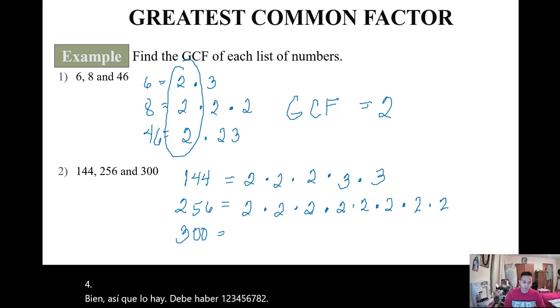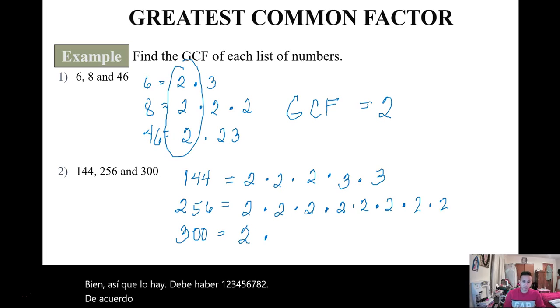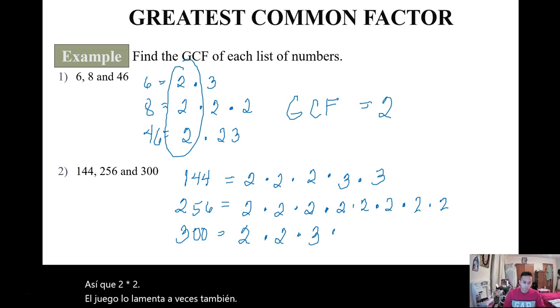For 300, that is 2 times 2, sorry, 2 times 2 times 3 times 5 times 5, which will give us 300. So what is common here?